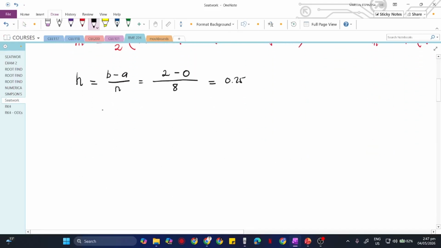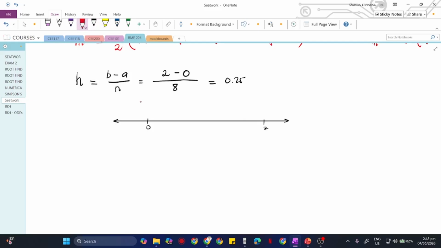Tama, no? So, therefore, gawa tayo ng number line. Gawa tayo ng number line. So for example, from 0 to 2.